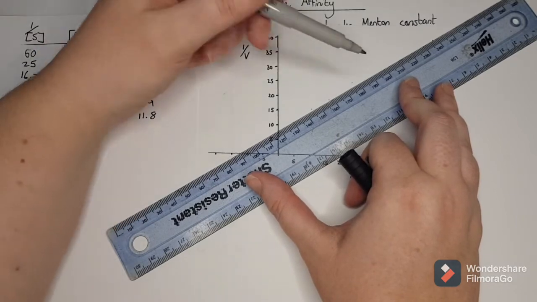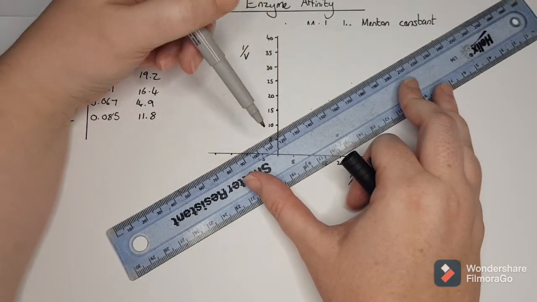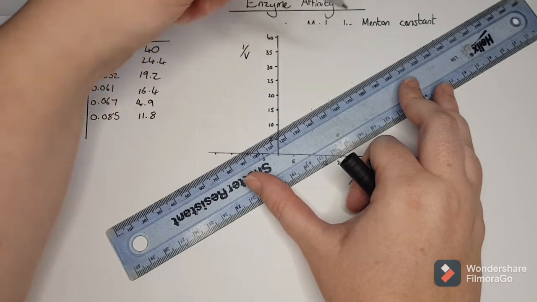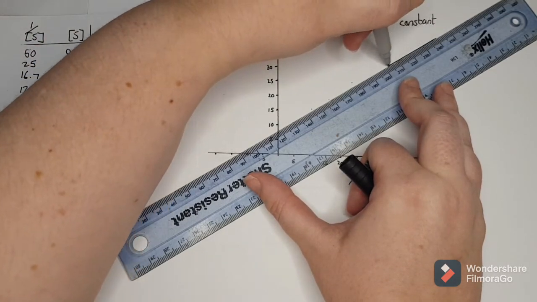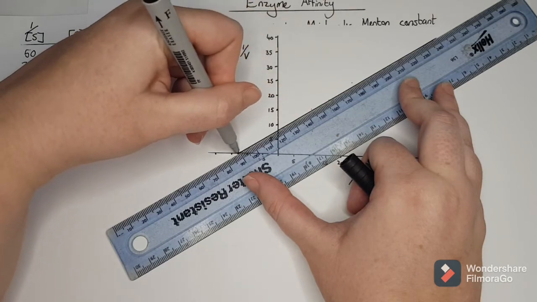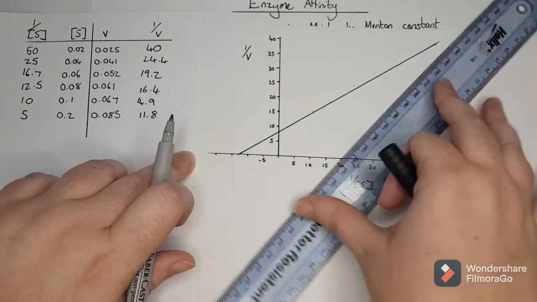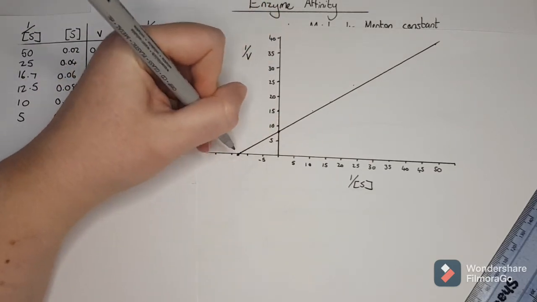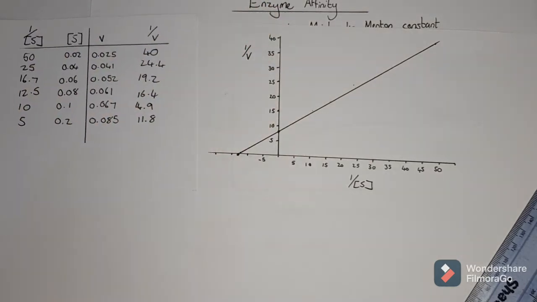What we do with that straight line is extend it to the y-axis and down to the x-axis. I get a point on there and a point on there, and those points give me the reciprocals that end up being my Vmax and my Km.